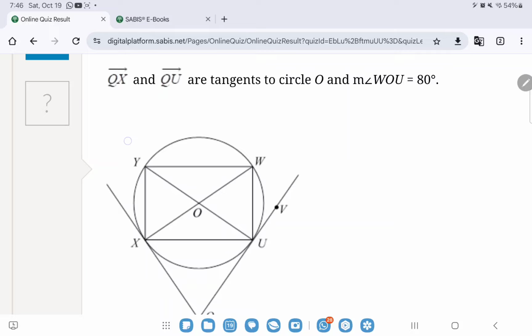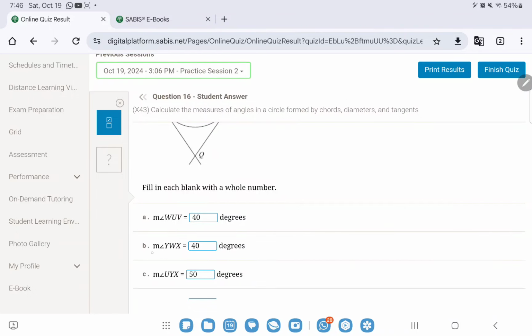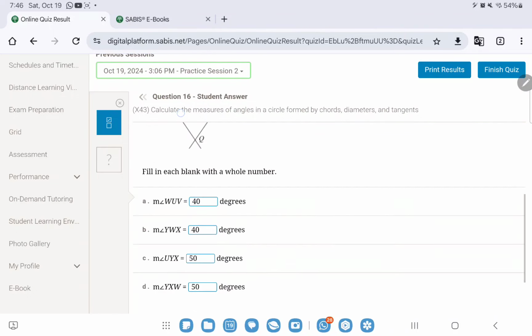Sorry, I mixed up the angles. So this is 80, this is 50. This is 50, so this is 40. I put 40 here by mistake. So let's go back. YWX.